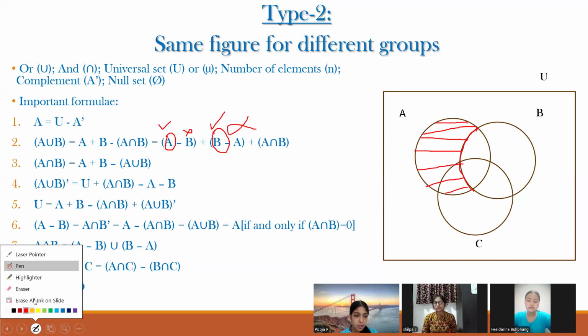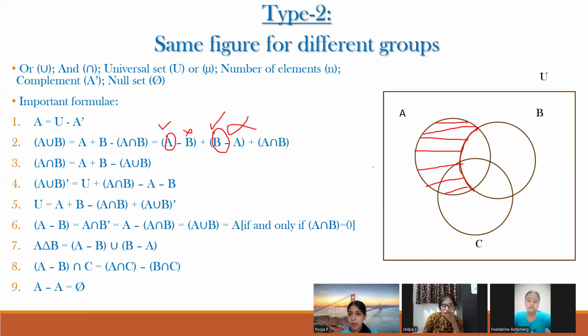So let me use a different color for this so you will understand. When it comes to B, this entire thing is B. In this entire B, this much portion belongs to A as well. It of course belongs to B, but it also belongs to A, correct? Now, since there is a chance of this belonging to A, we will not use it. For example, when it comes to A, this green portion is also part of A. But why didn't we take it?